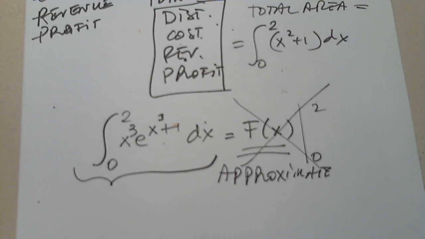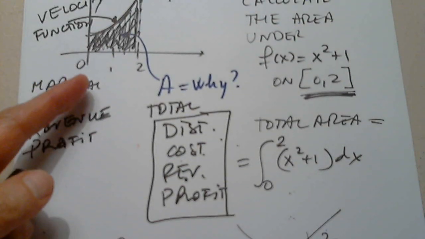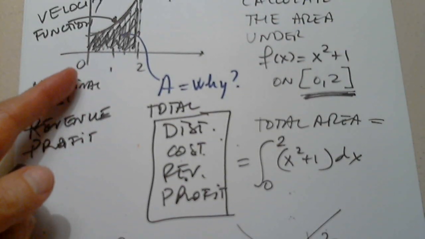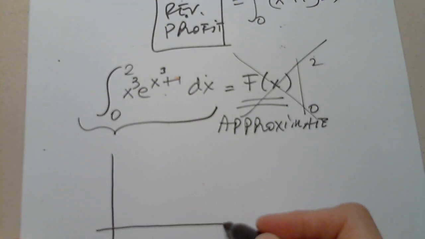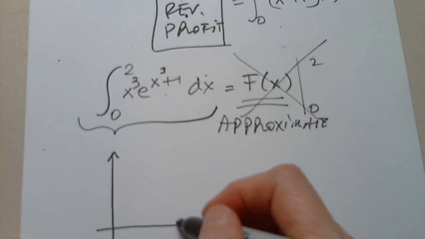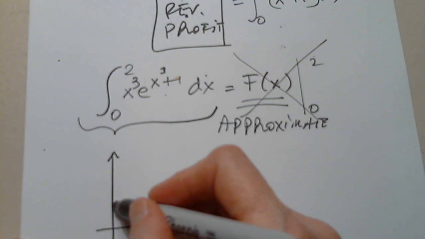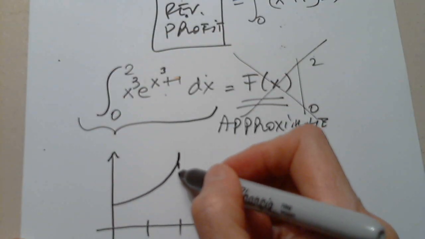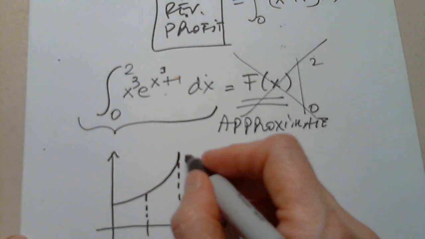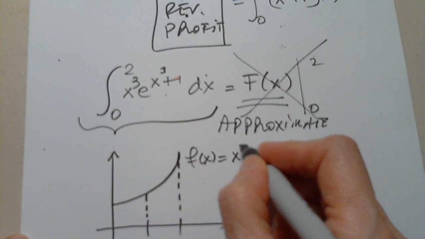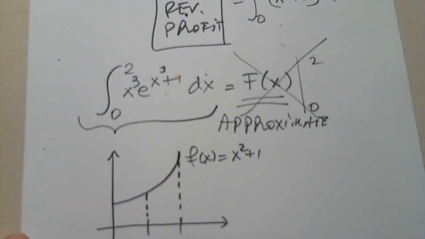How do I do that? And I'm going to show you on this simple example. Okay, we have many methods. I will show you two. Okay, so this is our function f of x equals x squared plus 1. This is the given interval to us, 0 to 2 million, 0 to 2, whatever it is.